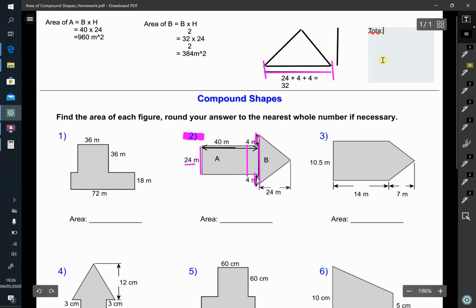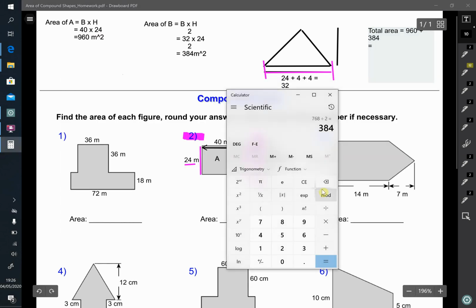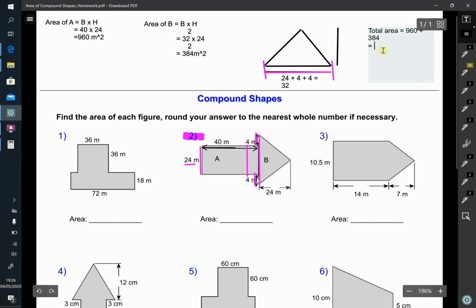What else do I need to do to find the total area? So the total area equals the 960 plus the 384. 960 plus 384, and that is 1344 meters squared.